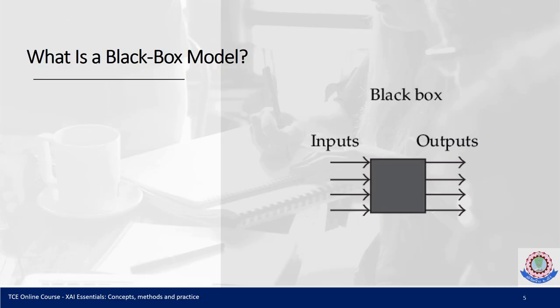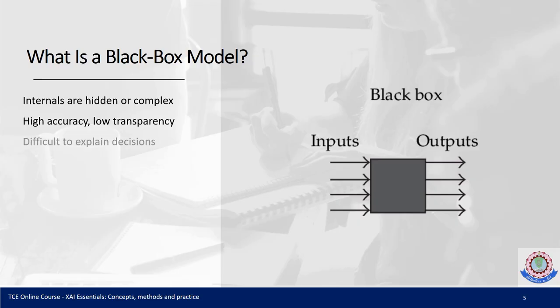In contrast, a black box model is a model whose internal workings are difficult or sometimes impossible for humans to interpret directly. Although these models often achieve very high accuracy, their decision process is hidden behind layers of complexity. We see the input and the output, but the reasoning in between is not transparent.